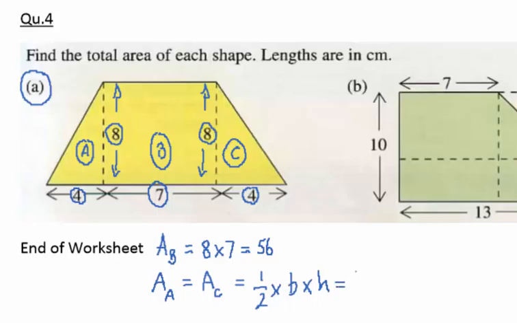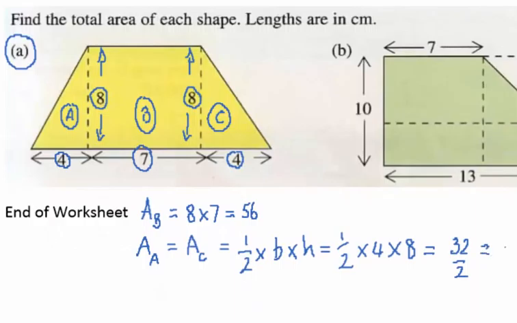And this is going to be equal to 1/2, and the base is 4, and the height is 8, so it's going to be 4 times 8 is 32 over 2 equals 16. But the area of each of them is the same, so the area of our triangles AA plus AC is going to be 16 plus 16 equals 32.